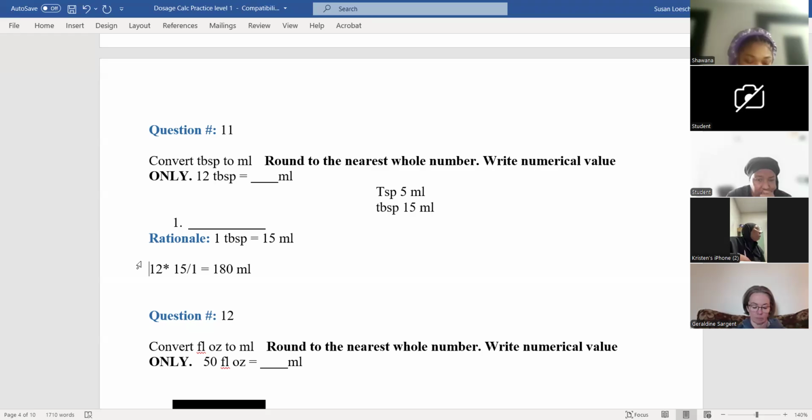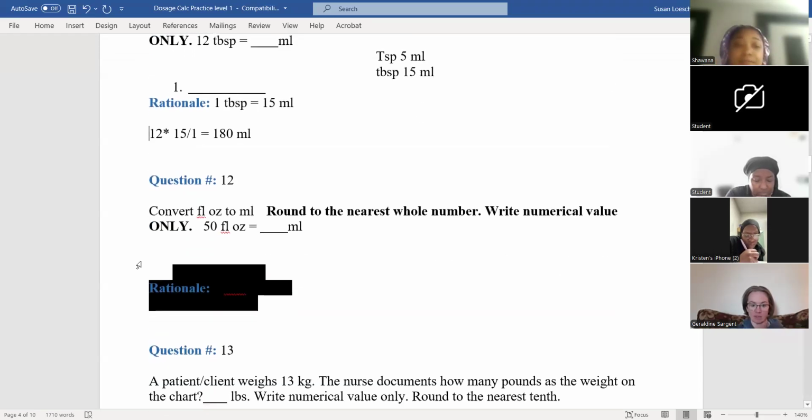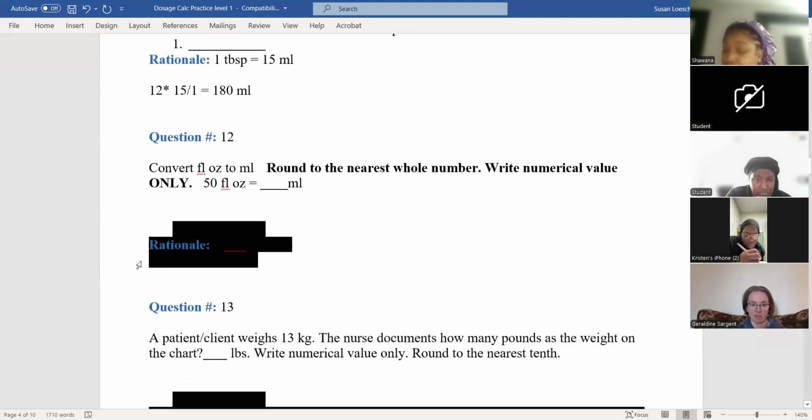Okay, ounces to mLs. If you can't do this, you can't run the bachelorette party. Right? How many mLs is 1 ounce? 30 mLs. So now you have how many ounces there? 50.